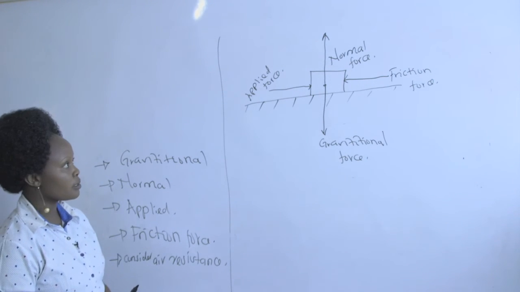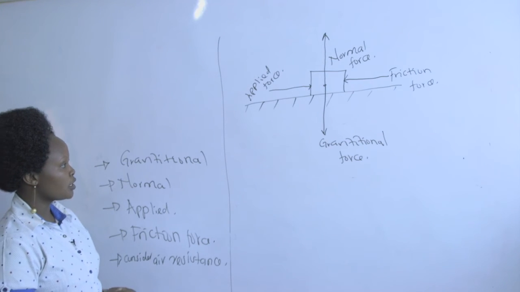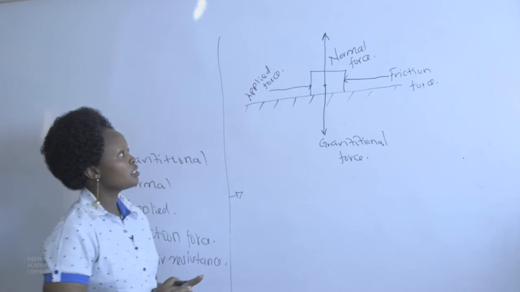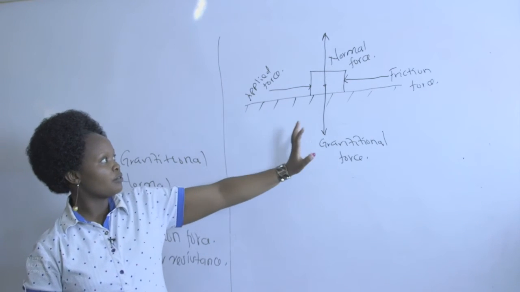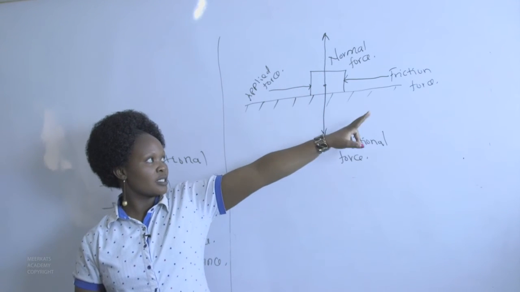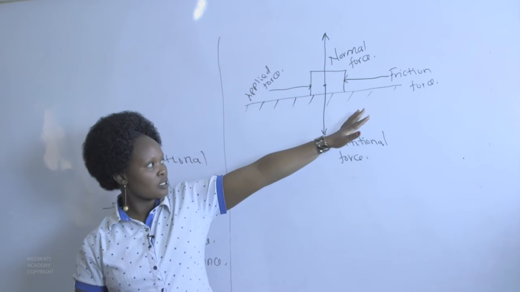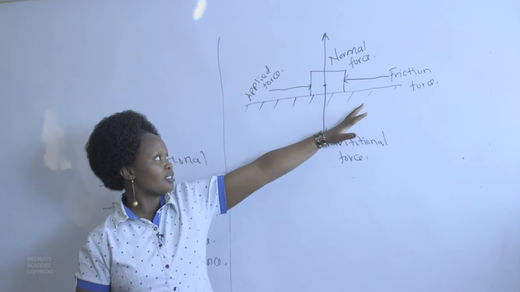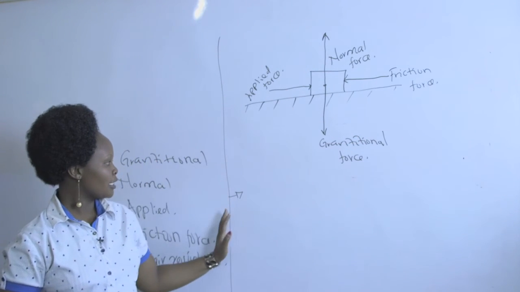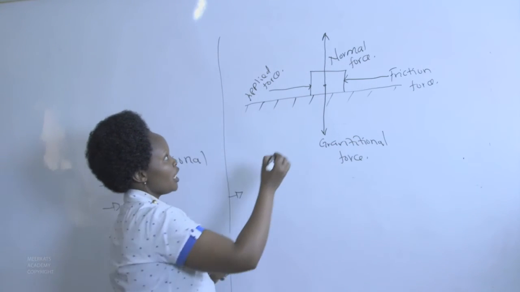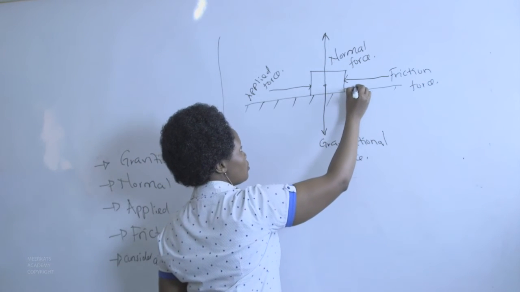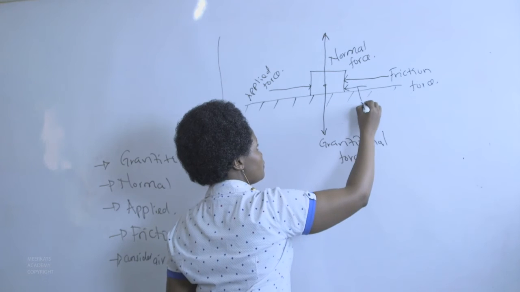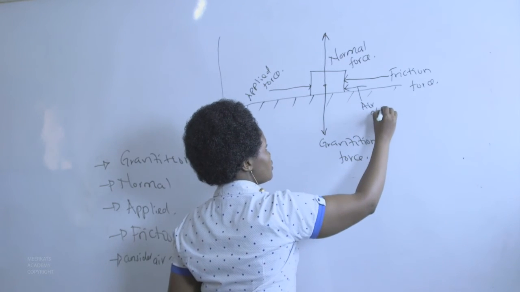In this case, we still want the applied force to cause constant speed towards the right direction, and towards the right we have two forces opposing motion, that is friction and air resistance.